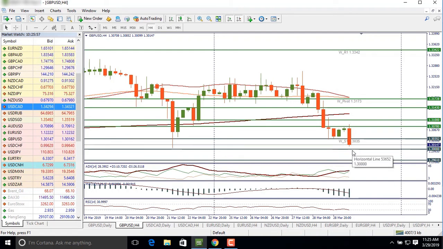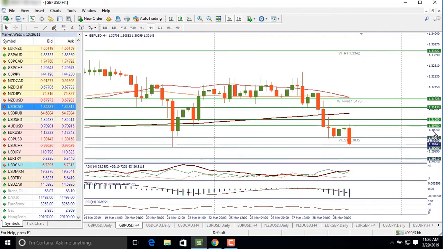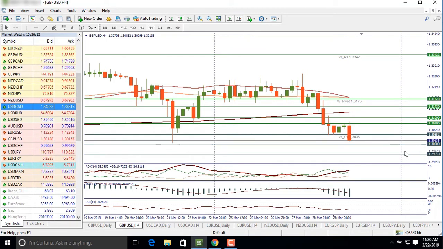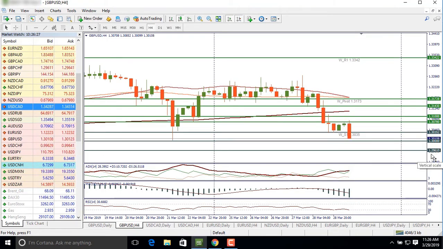Here we can see that the pair has already fallen below the weekly pivot support at 130.35 and is currently targeting the next level at 130. If more uncertainties on the Brexit deal come out, the next support for the pair lies at 129.61.